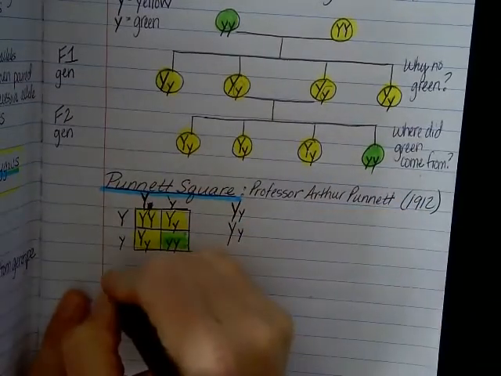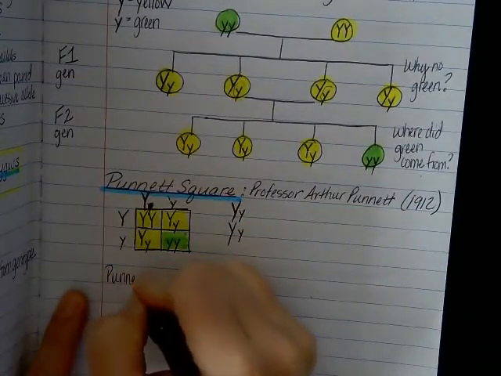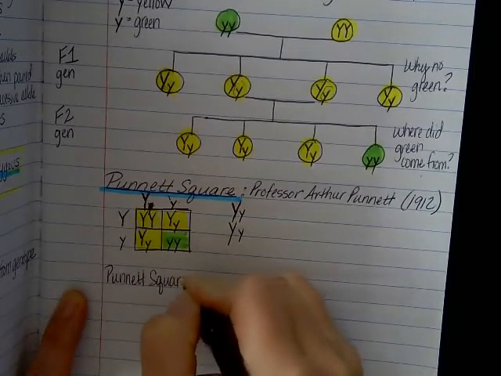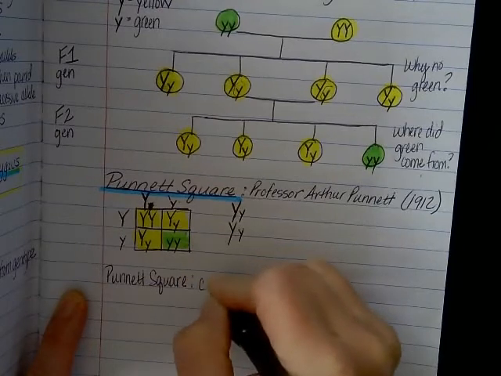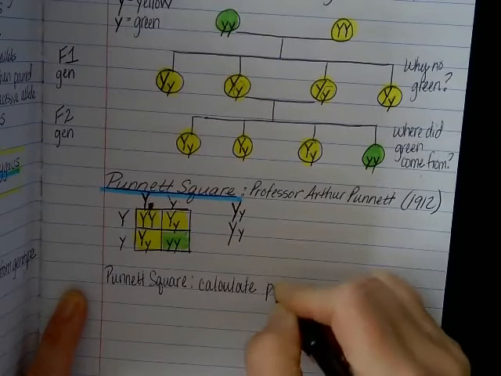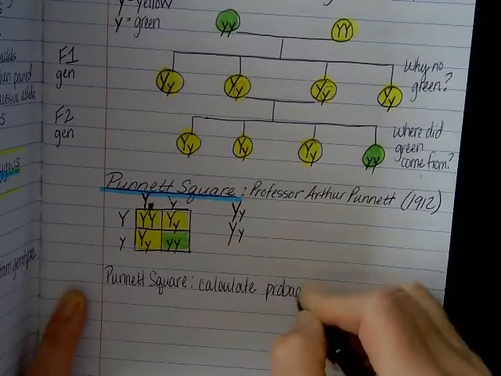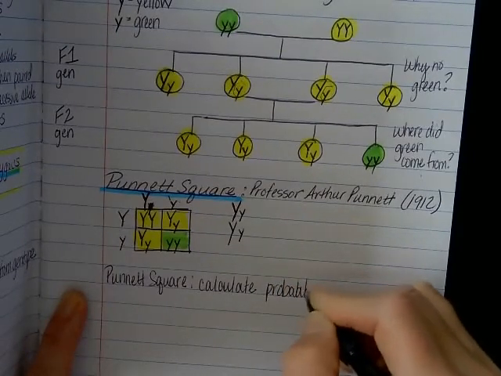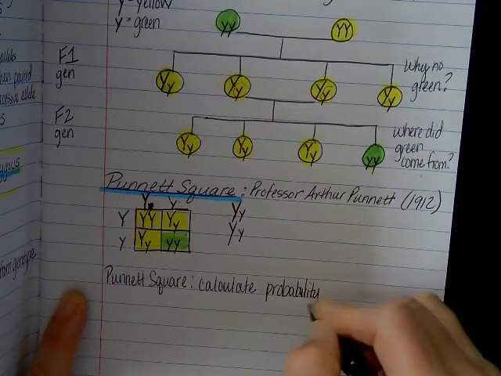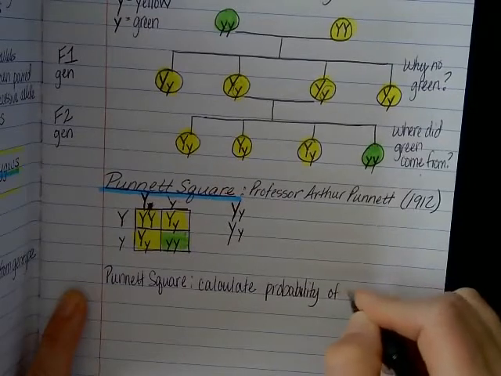The Punnett square is used to calculate probability, like what is the likelihood of a trait.